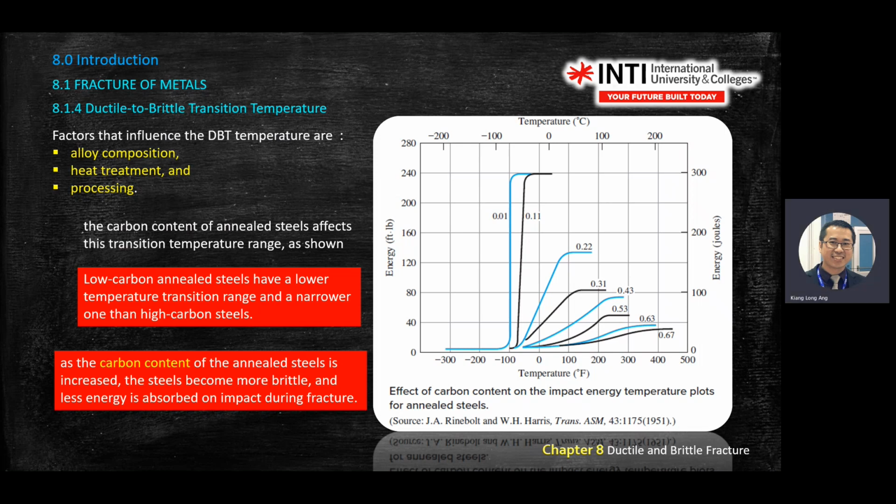The energy absorbed is very low, maybe 10 joule, if you have 50% carbon. Then 22% is a bit higher: at 0 you go up and move to the left, it will be about 70 or 80 joule.